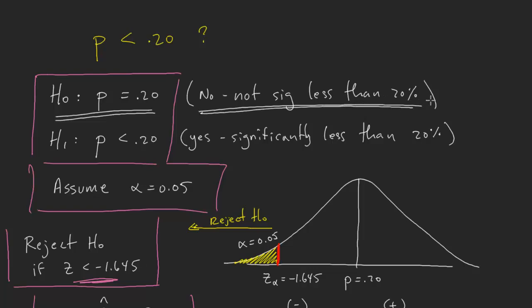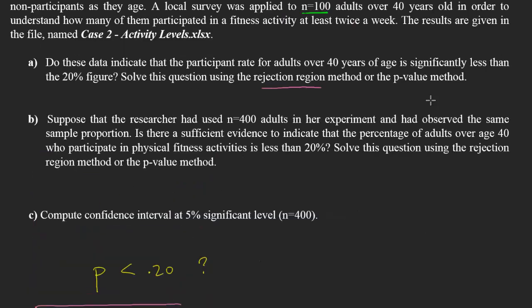I prefer to use the wording that they give. So I would say, do the data indicate. Actually, let me see if I can copy, and I'm just going to put my conclusion right here. That's going to be the easiest way to do that. First of all, do not reject the null hypothesis, and then I would say no. Do these data indicate?